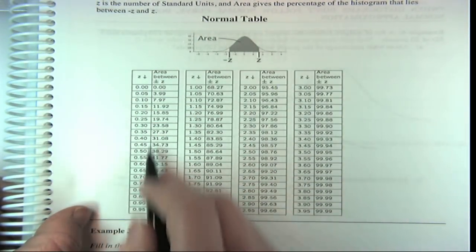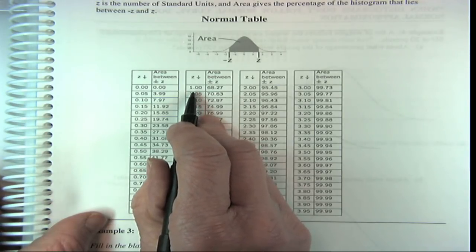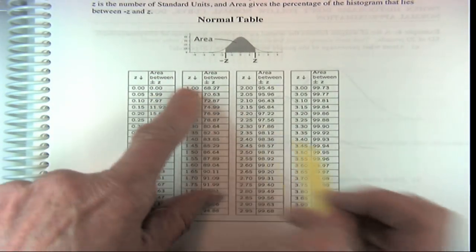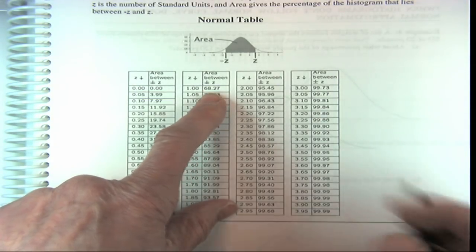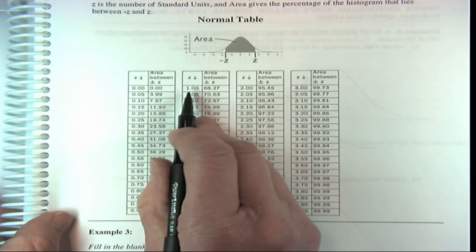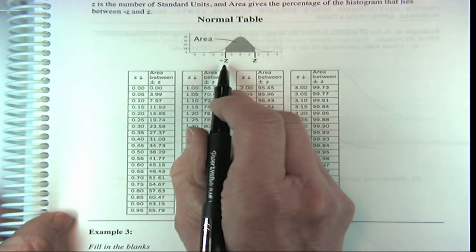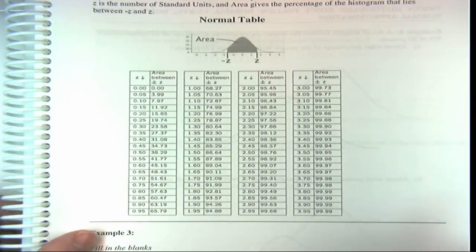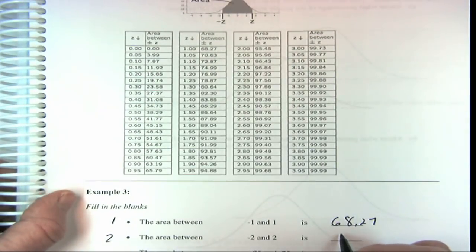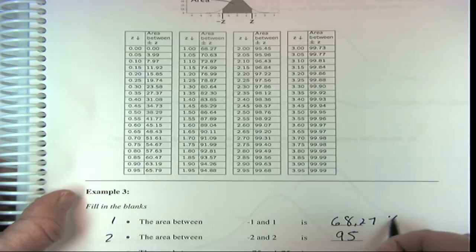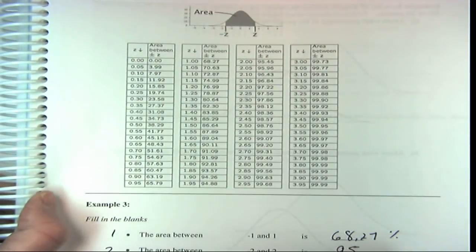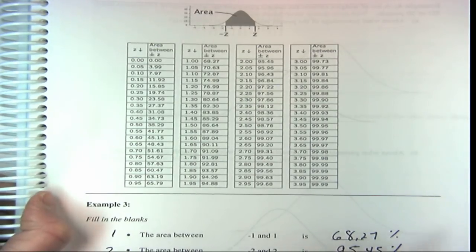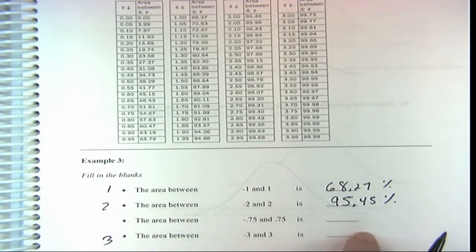If we look on the chart, there's 1, and it's 0.68, actually 0.6827. There are no negative numbers on here because this gives you the area between -1 and 1. I said between -2 and 2 is 95%, but to be more exact, it's 95.45.